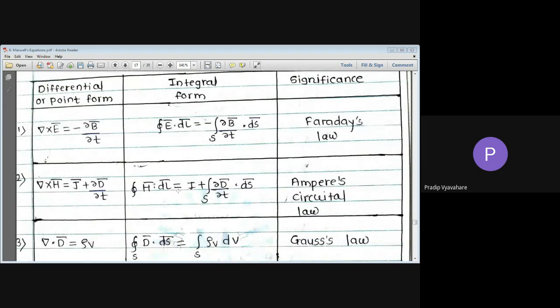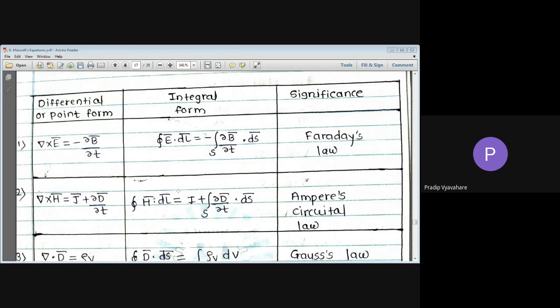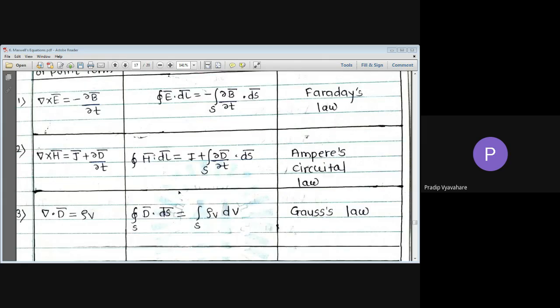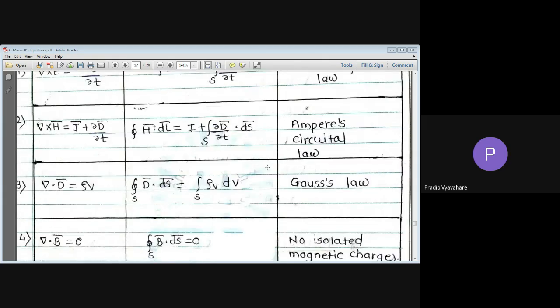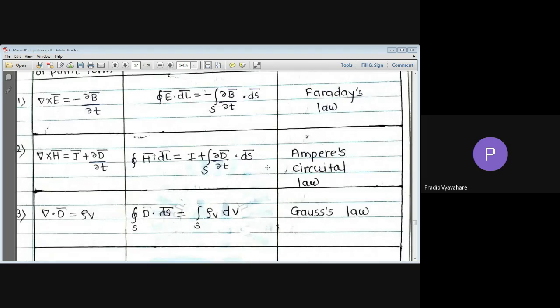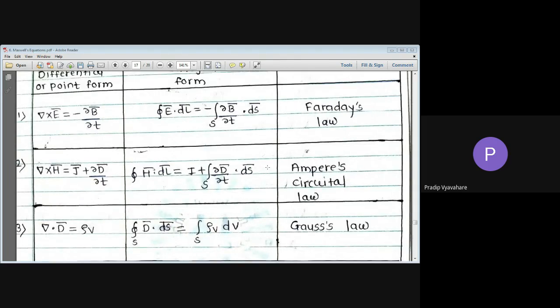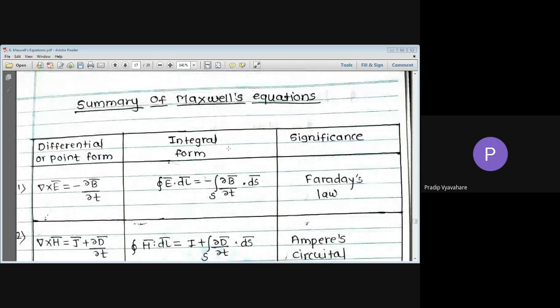All students must remember this is the differential or point form, and the second is the integral form, and the significance. These four equations are called Maxwell's equations.